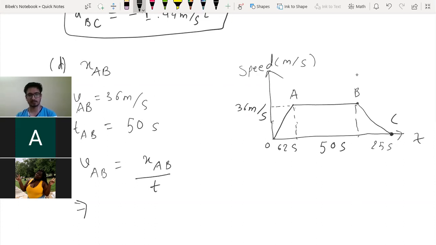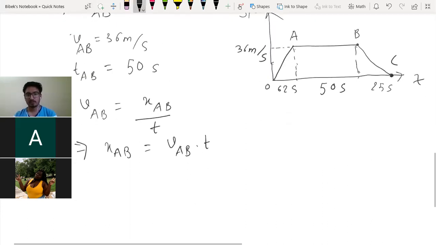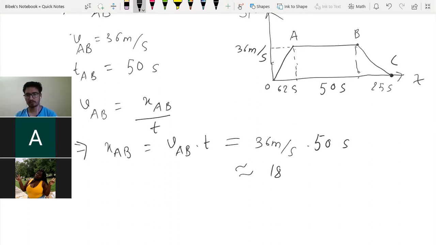So the distance AB is velocity AB times time. That is 36 meters per second times your time, that's not 25, that's 50. So that's 36 times 50 seconds, about 1800 meters. So that's your distance.